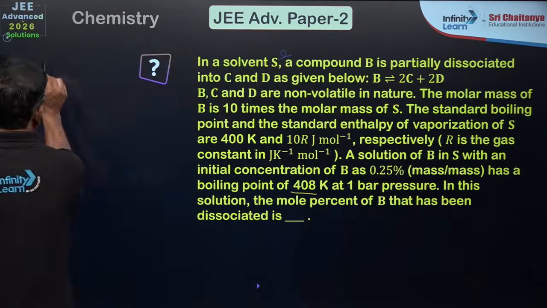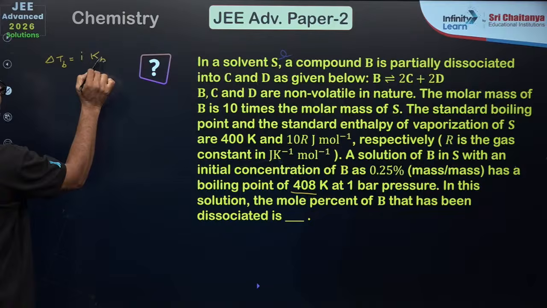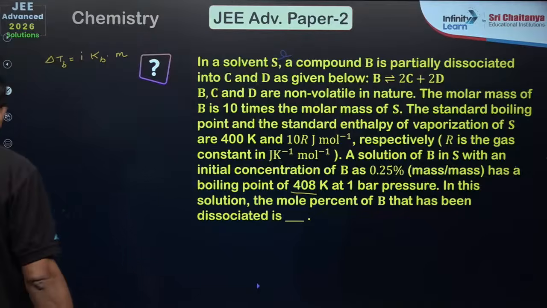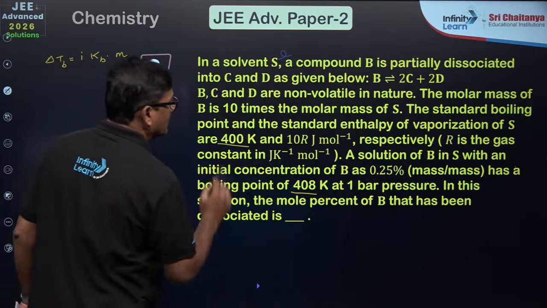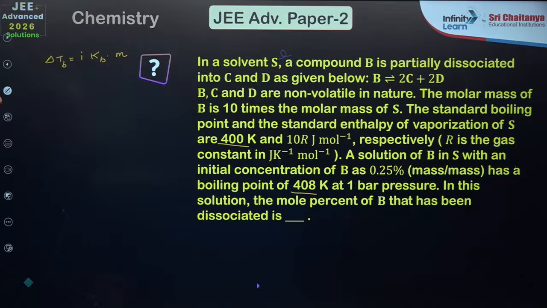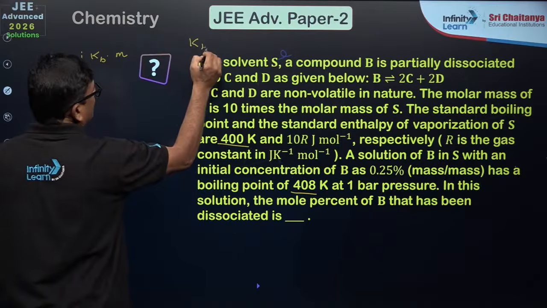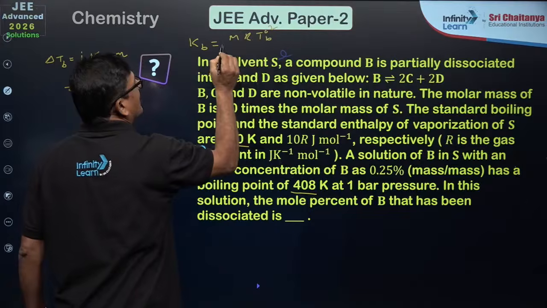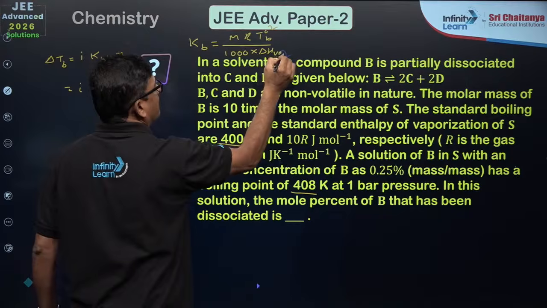So it is a boiling point elevation: delta TB is equal to i KB into molality. Let us calculate the i value based on the given data. So delta TB is equal to the difference, 408 Kelvin and 400 Kelvin, equal to i. KB you can say is M R T naught B square upon 1000 into enthalpy of vaporization.